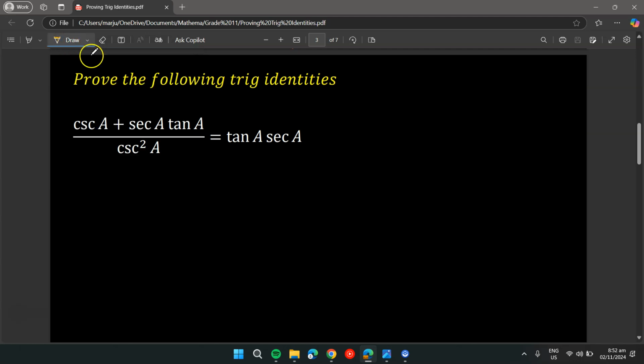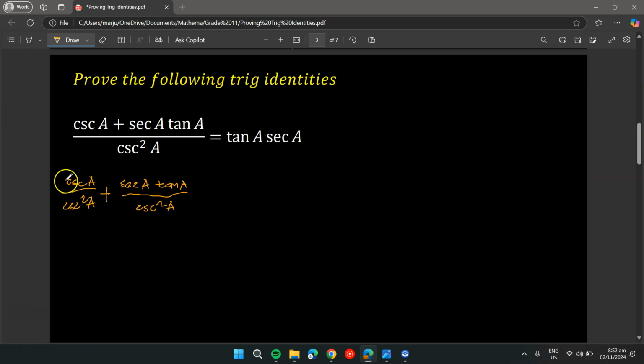What I'm going to do here is break down this identity and make a similar fraction. So I could have cosecant of a over cosecant squared of a, plus secant a times tangent a, all over cosecant squared of a.